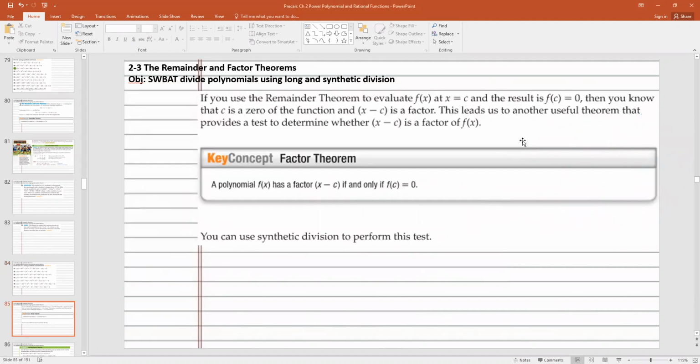So the next thing that we're going to talk about is the factor theorem. The factor theorem says that if the remainder is 0, then x minus c is a factor of the function.